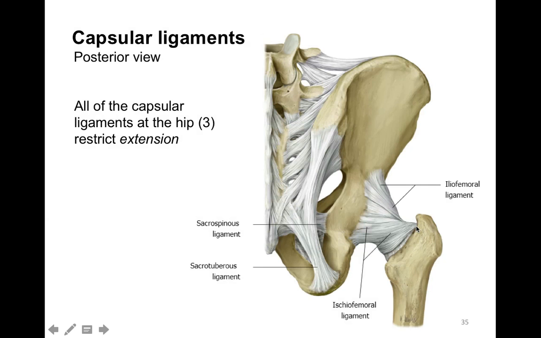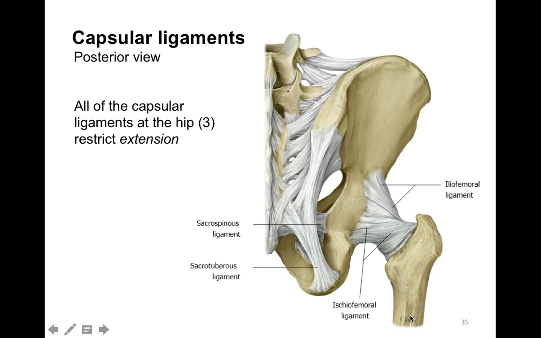All three of these capsular ligaments will limit extension of the hip. Now, this is a little unusual because typically ligaments are placed on different aspects of joints, anterior or posterior, and they have opposing limitations. But for these three capsular ligaments, they are oriented, and their attachment sites give them the ability to limit hip extension.